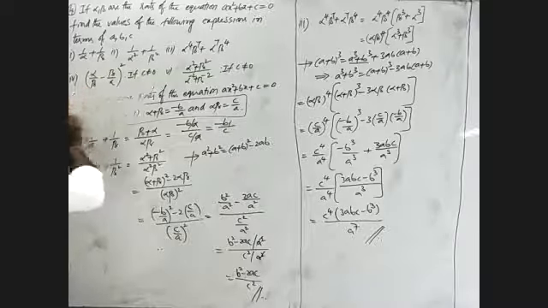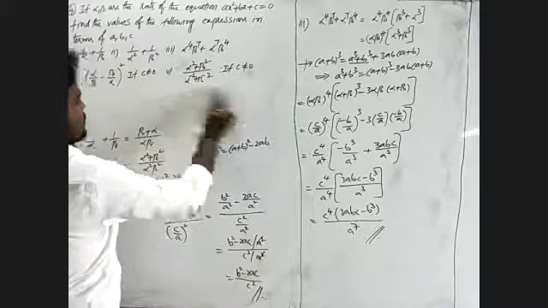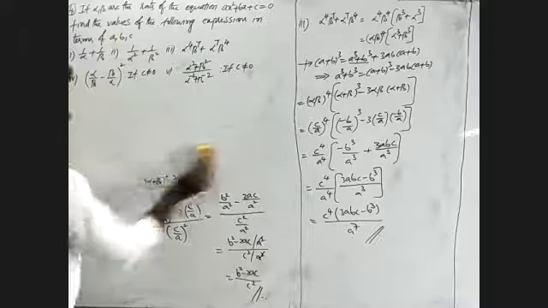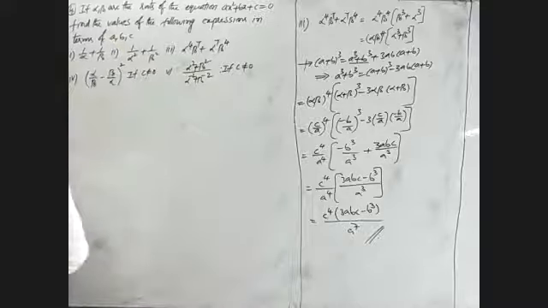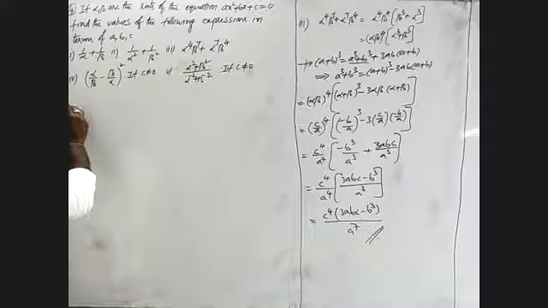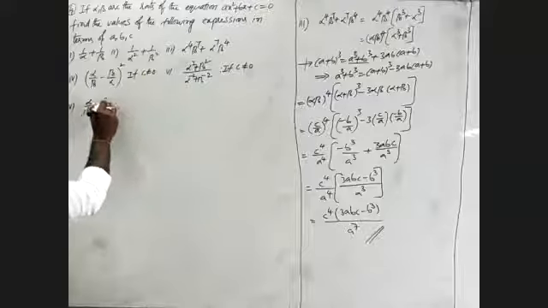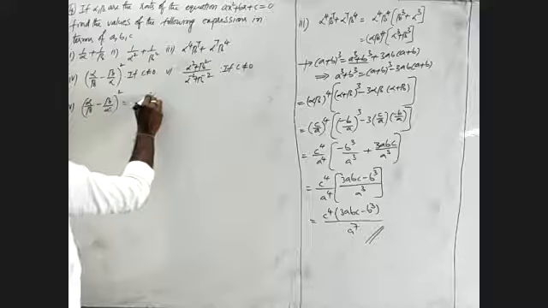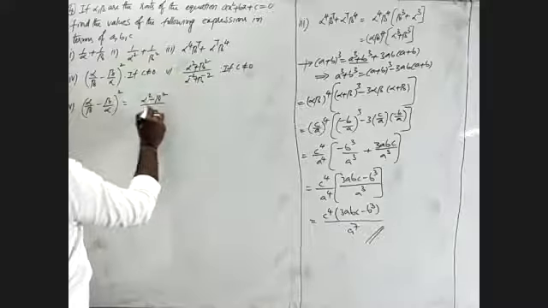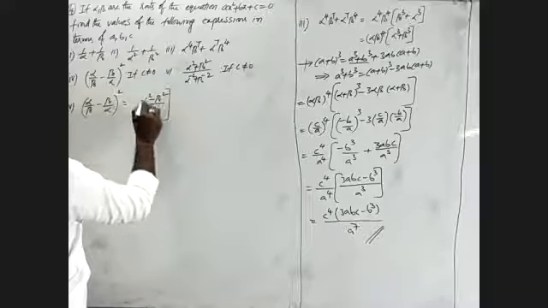Now I am going to the fourth one, that is alpha by beta minus beta by alpha whole square. I will write alpha square minus beta square by alpha beta whole square.